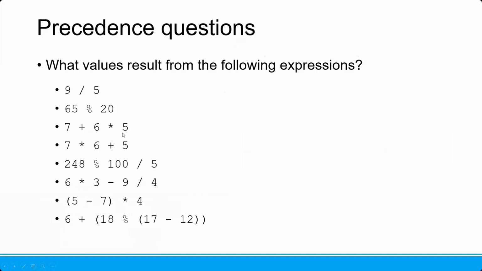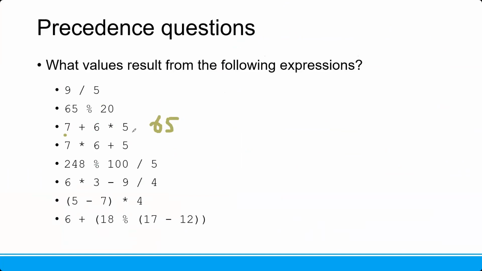7 plus 6 multiplied by 5. 65? No. 7 plus 6 is 13, 13 multiplied by 5 is 65? Wrong.